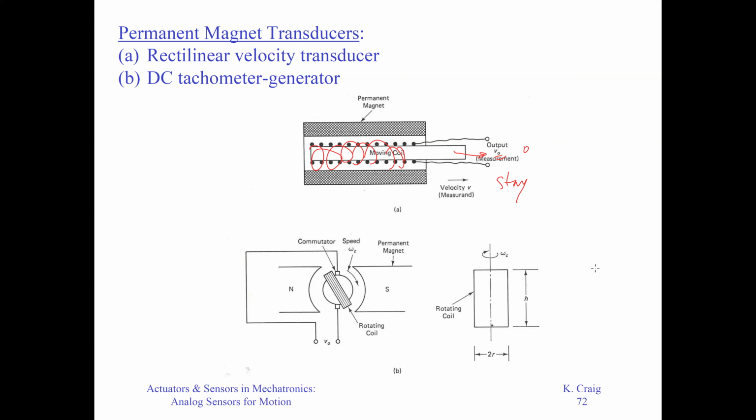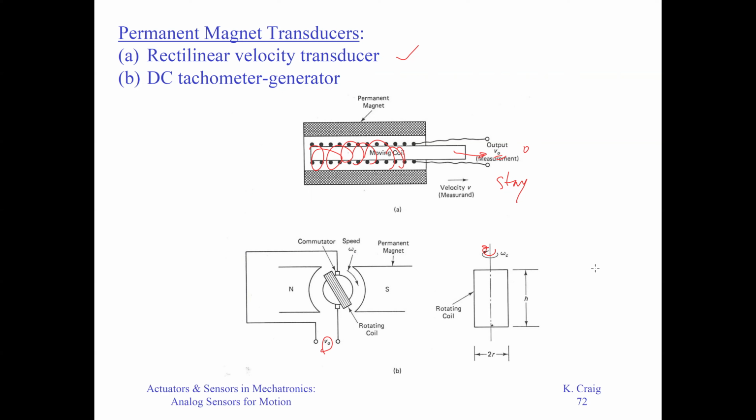This is called a rectilinear velocity transducer, and this is more commonly used. Simply say I have a permanent magnet to provide a magnetic field. Then I have a commutator, put it here, so you have a rotation coil. Depending on how fast you move, the induced voltage produced will be different.